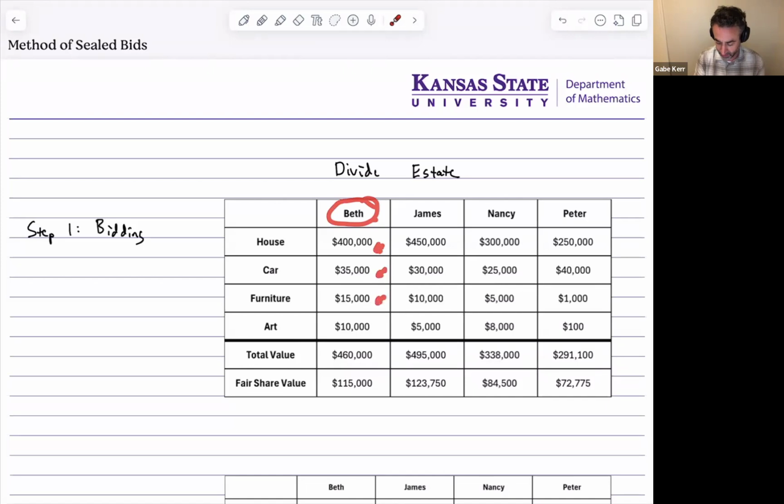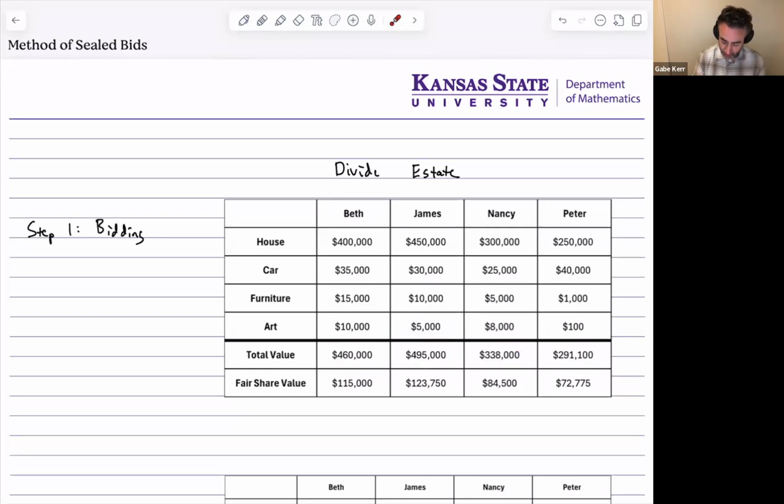She'll give an absolute dollar amount for each of the assets that she thinks they're valued at. Similarly, James makes his own valuation, and Nancy and Peter do as well. We add up all of these values for each of the individuals, and these numbers are essentially what these individuals think the total estate is worth.